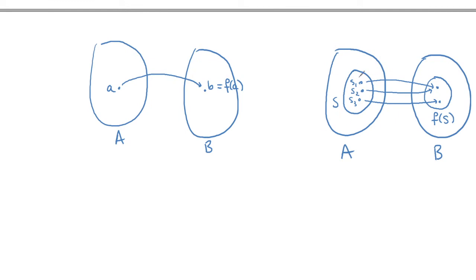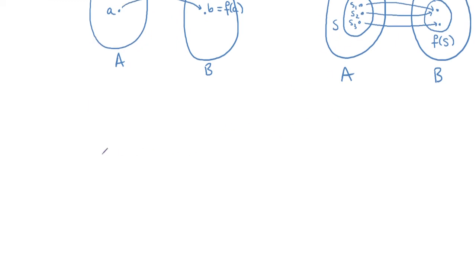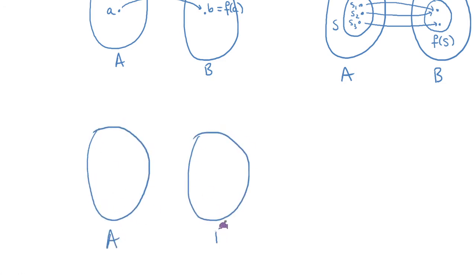So let me give you a picture for that one. It's sort of a blown up larger version of this. So if I have here's A, and here's B, then everything in A has to get mapped somewhere. Let's say that these two get mapped to the same thing. You know what? Maybe I'll use a different color to illustrate that.